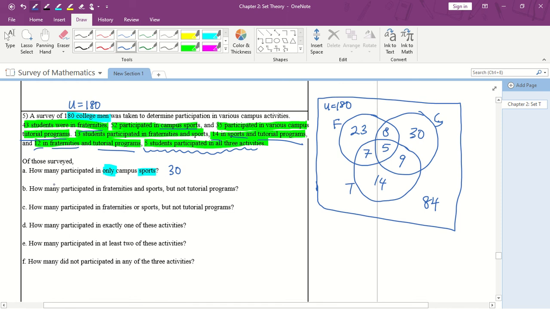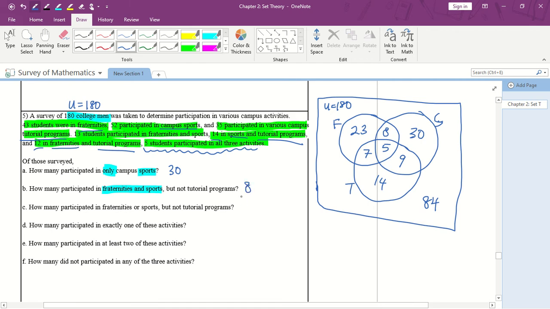And the next one, how many participated in fraternities and sports but not tutorial program? This means fraternities and sports, but not tutorial, which is only this region. Can you see the mouse here? It is 8.